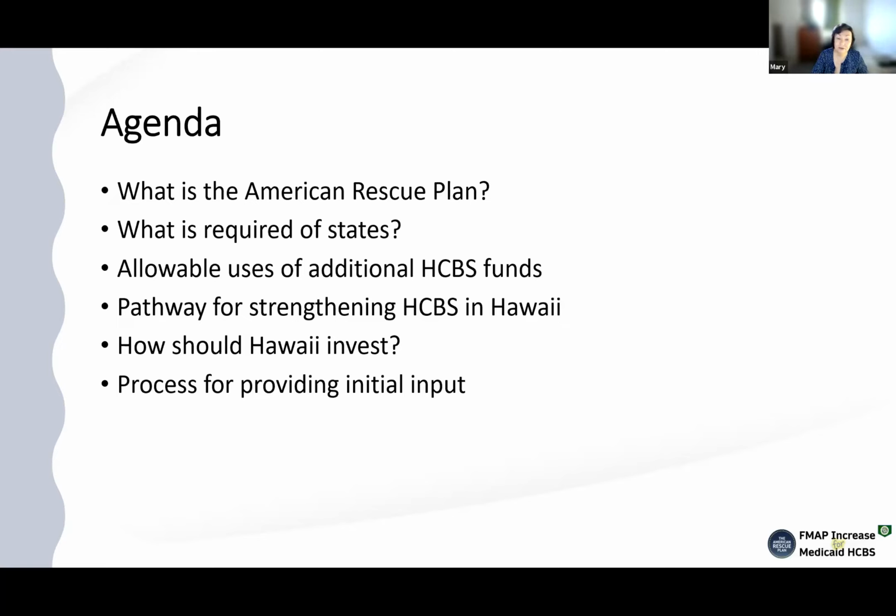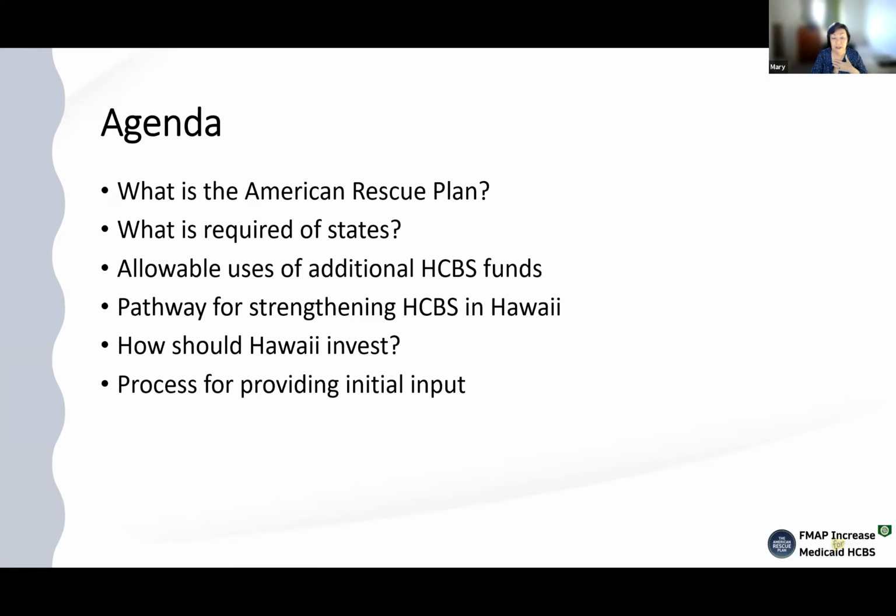Then we'll look at some of the questions to ask ourselves about how Hawaii should invest in our system using these funds. What's the best use of them? And then the process for providing initial input.